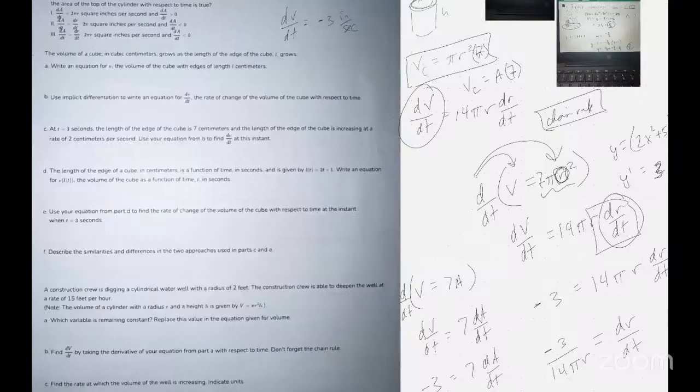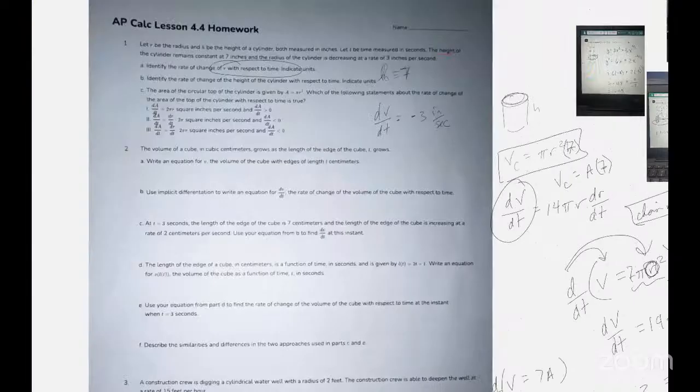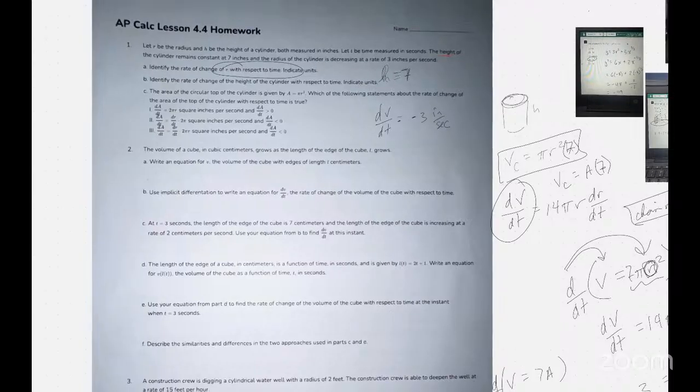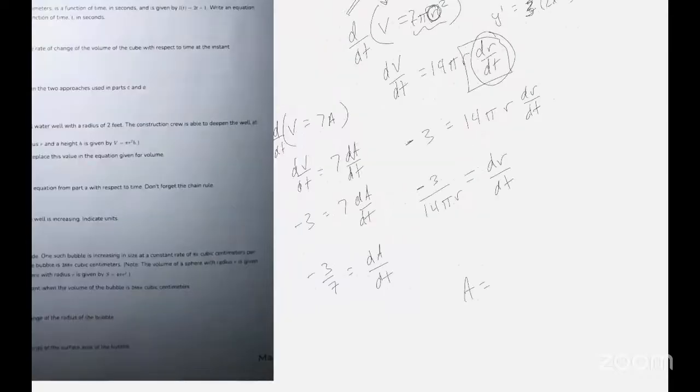So the other thing they're also saying, this is maybe what they're doing, A equals pi r squared. Now take the derivative of this with respect to time. I think that's what they're doing. So they're doing dA/dt and then do that same thing we did before: 2 pi r dr/dt.